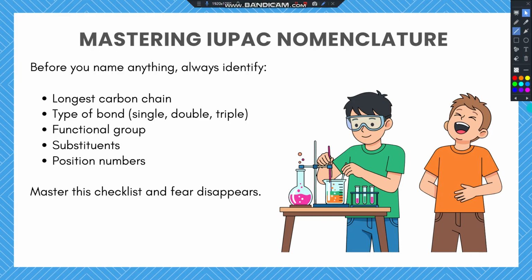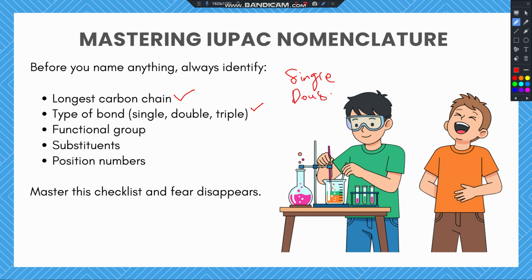Before you name any organic compound, there are a set of things that you need to be conversant with. Number one, you need to always identify the longest carbon chain. I'll be showing you how to do each of these things that I'm mentioning right now. You also need to identify the type of bond. Is it a single bond? Is it a double bond?